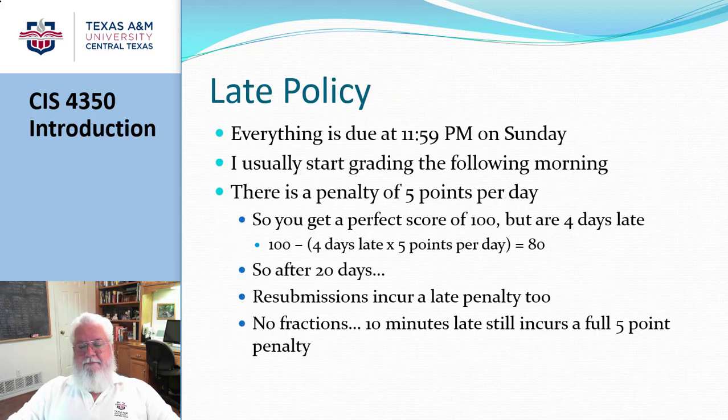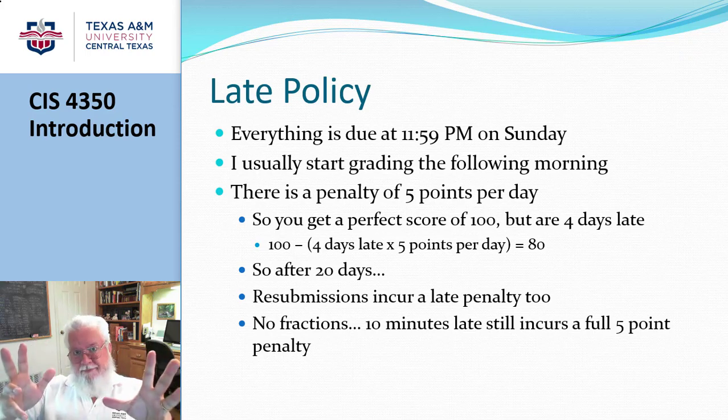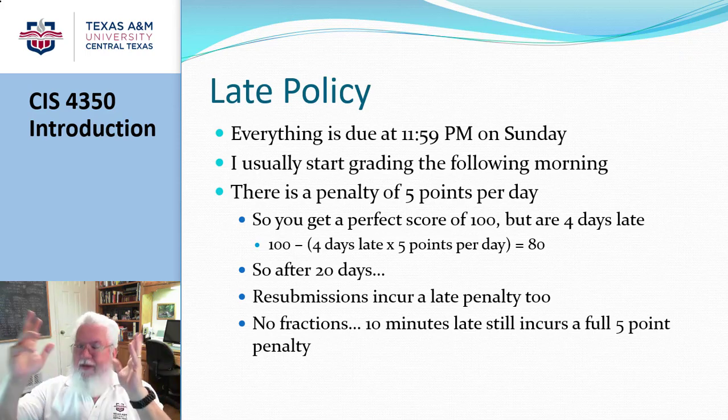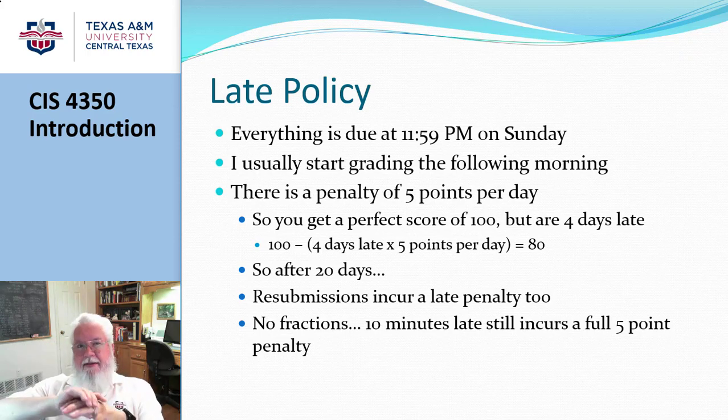Okay, cool. So, I do have a late policy. The way it works is practically everything is due at 11:59 p.m. on Sunday. Typically, I start grading the next day. Now, I'm not going to tell you I'm going to get it all done, but I'll try my best to have it done within a day. Now, there's going to be a 5-point penalty per day for being late.